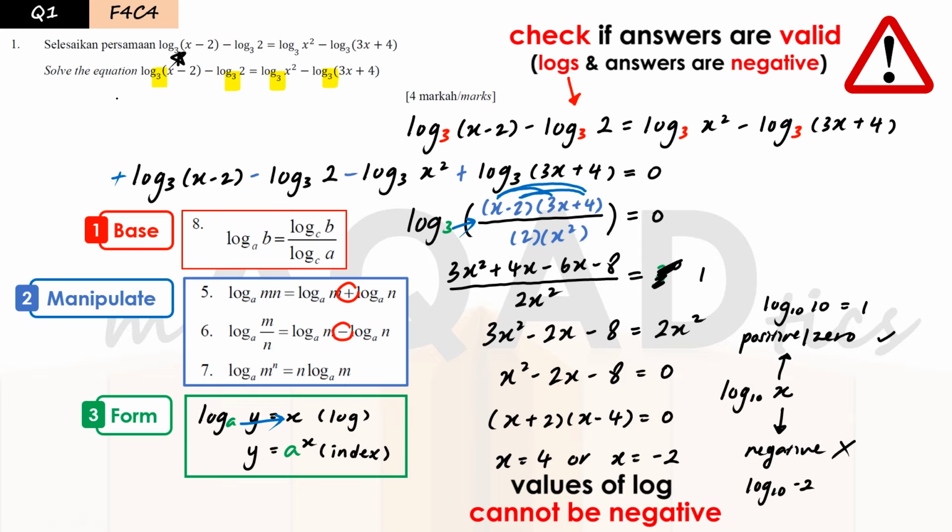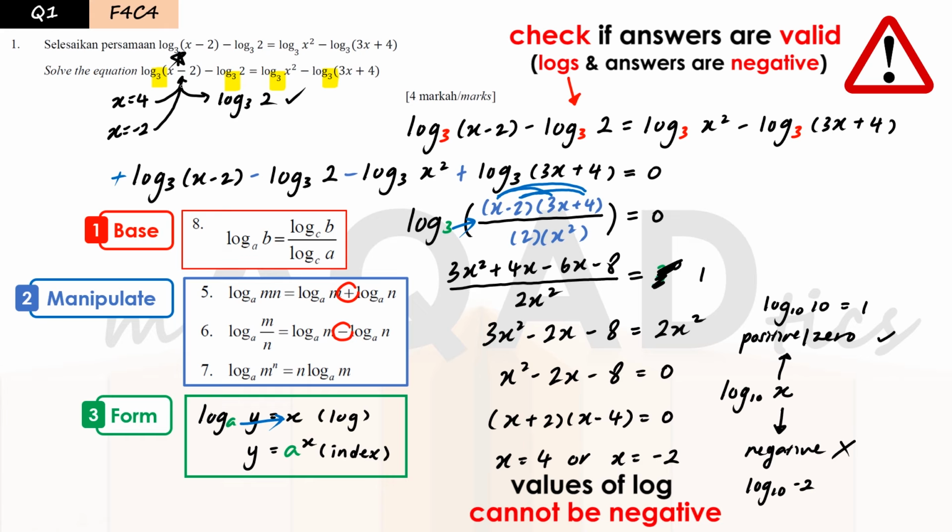Let's start off with x equals 4. When I substitute x equals 4 inside this bracket, the result will be log base 3 of 4 minus 2, which is 2. Since this is a positive value, we have an answer, which means x equals 4 is a valid answer. How about x equals minus 2?